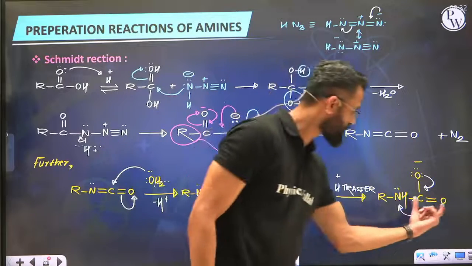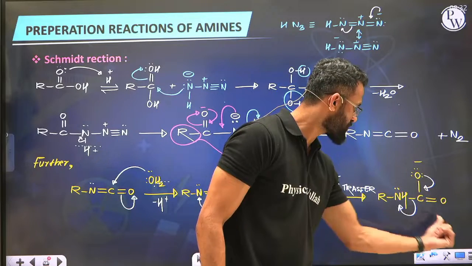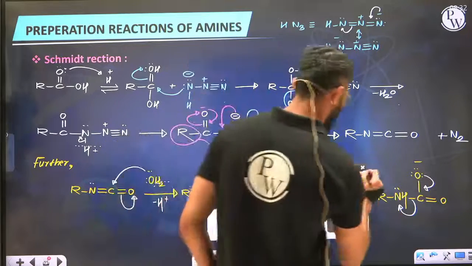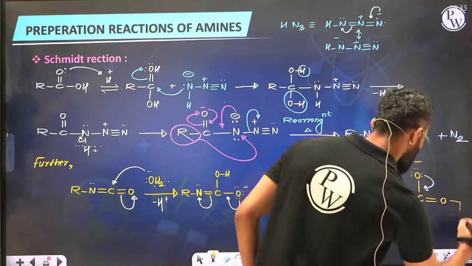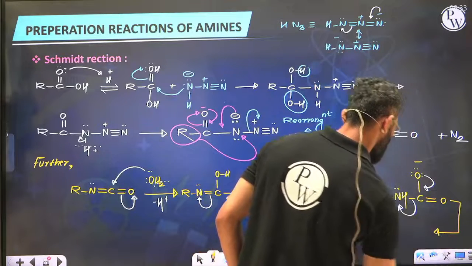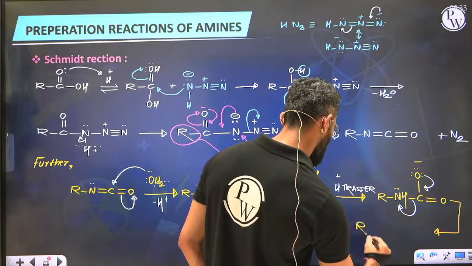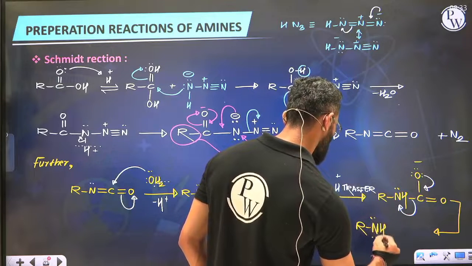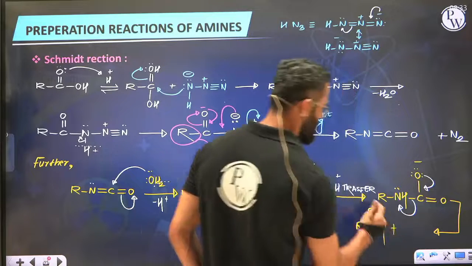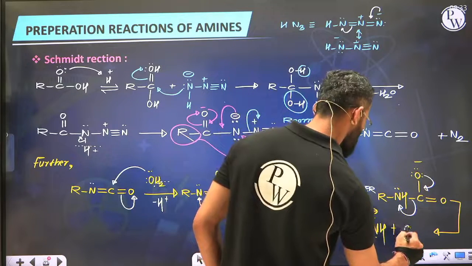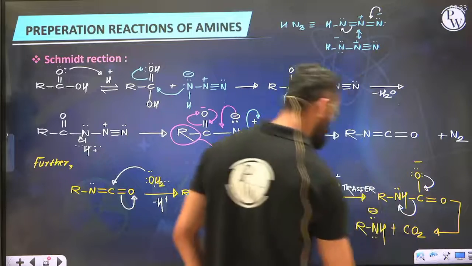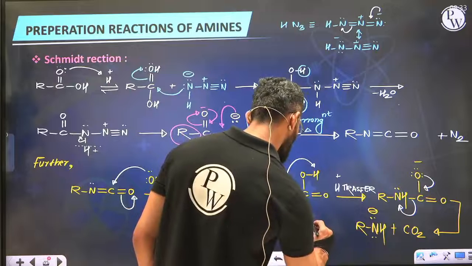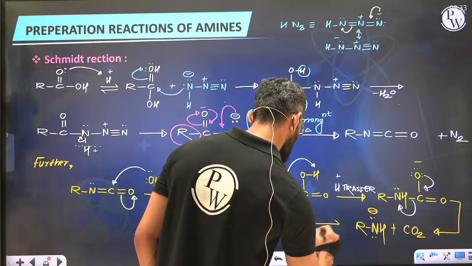So see what is being lost from here, CO2, and we are getting NH minus. So I'll put it down here itself. We'll be getting RNH minus plus CO2, and this RNH minus will then accept H plus from solvent.